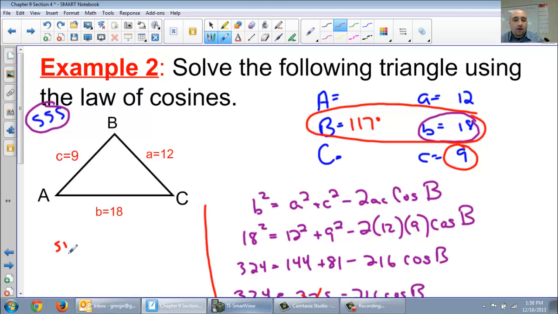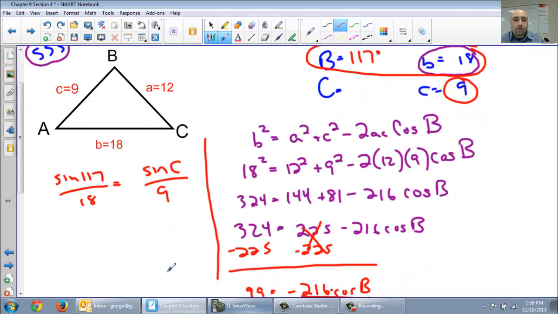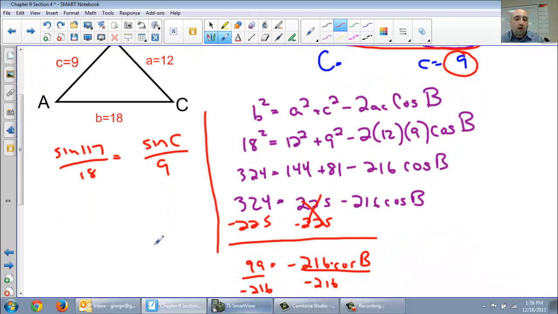So sine of 117 over little b, which is 18, equals sine of angle C over little c, which is 9. At this point, I think you should be doing this pretty quickly. Let's just breeze through this. Sine of 117 times 9 equals 18 times sine of C. Divide by 18.